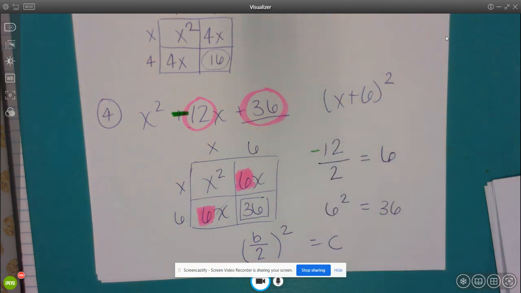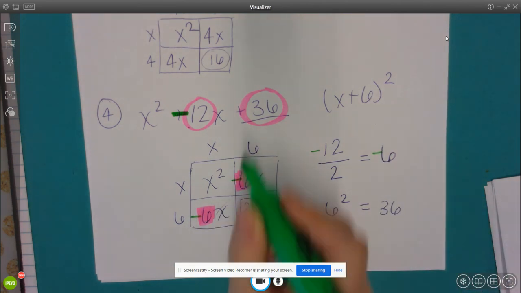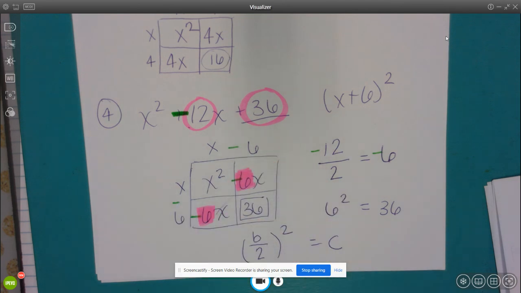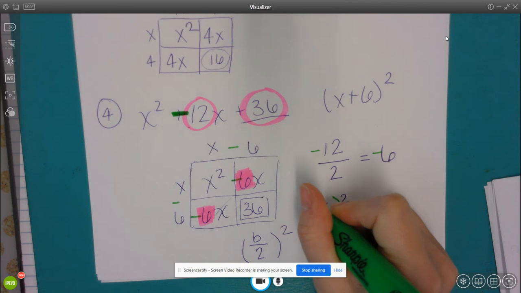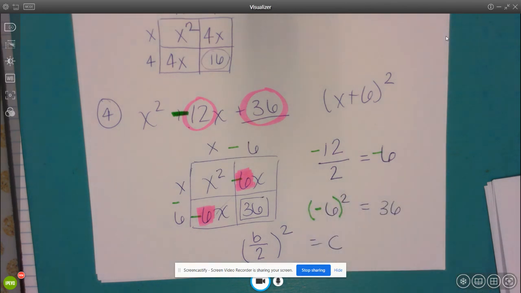It would have made this a negative 12, which would have made those corner boxes a negative 6, which would have made my factors x minus 6. But negative 6 squared still gives me 36, because a negative times a negative is a positive. So even if b is negative, this process will still follow suit because I'm squaring a negative number and I'm still going to end up getting that positive c value.